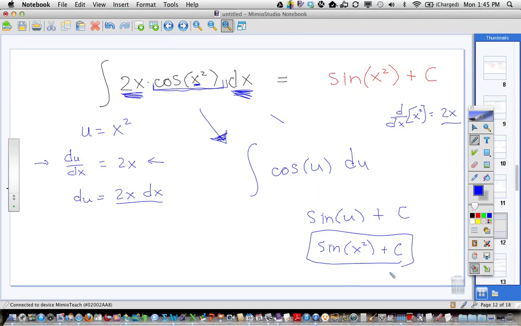So the next line on your assignment sheet says 5.4, page 340, 1 through 9 odd. So those are 5 problems, just like the one we just did up here, where they tell you what to pick for u. They give you the integral, they tell you what to let u equal. Your job will be to do the du dx thing, and then do the substitution and see if you can do that.